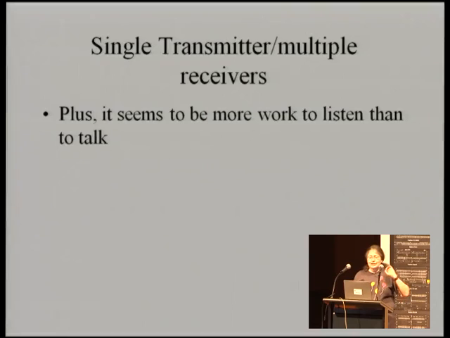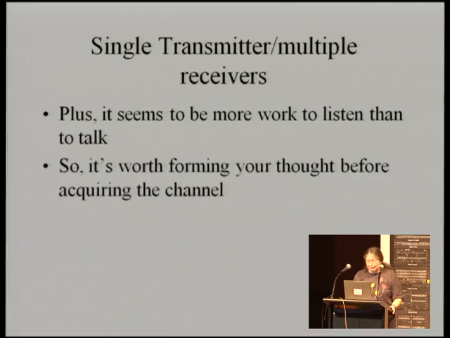When there's a single transmitter and multiple receivers, realize that when you're talking and there's multiple receivers, not only are there more of them than you, but it also seems to take more work to parse what somebody's saying than to talk. So, therefore, it's worth forming your thought before you acquire the channel.